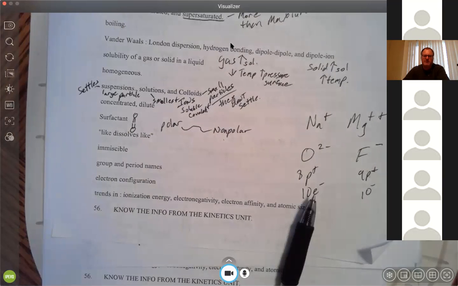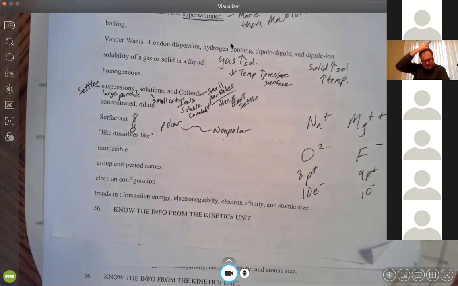Whenever I was 14 or 15, like a power struggle. I'm sure you guys have seen that, the whole squeezing the hand as hard as you can thing. But that's what electronegativity is.